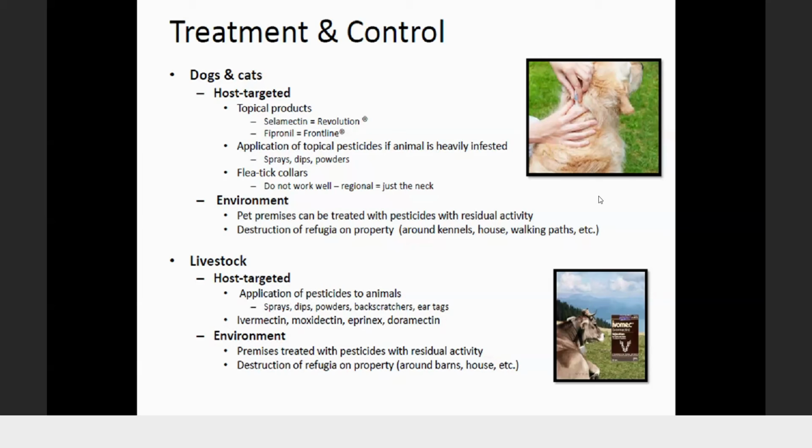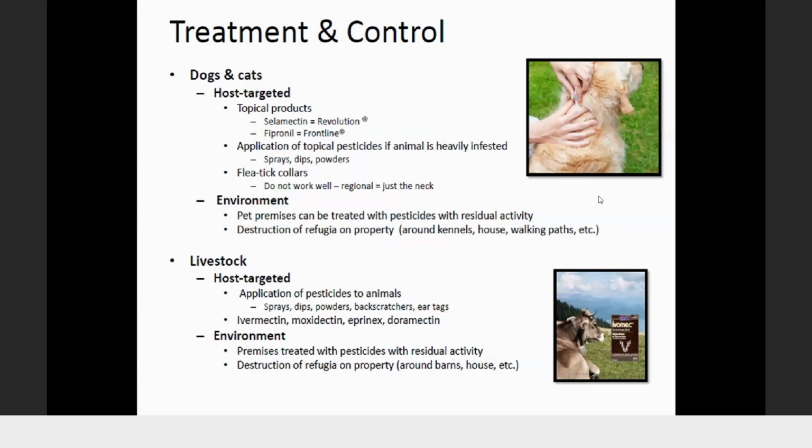And then for livestock, the same thing, we have host targeted and also the environment. And then for host targeted, we need to apply the pesticide on the animals, which can be sprays, dips, okay, powders, back scratchers or ear tags. And it consists mainly of the ivermectin group, okay.